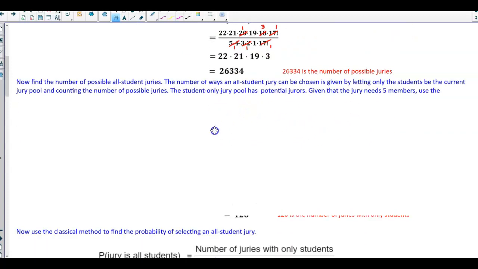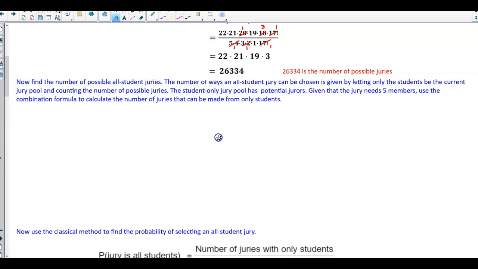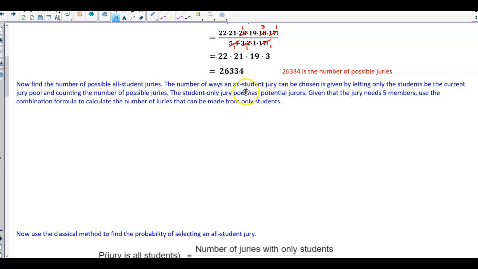Okay, now the second part is we want to find the number of possible all-student juries. And the number of ways an all-student jury can be chosen is given by letting only the students be the current jury pool and counting the number of possible juries.